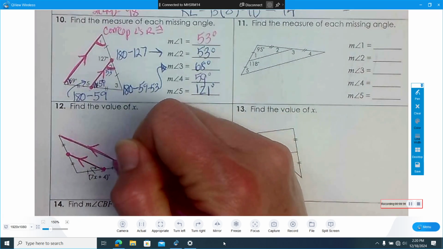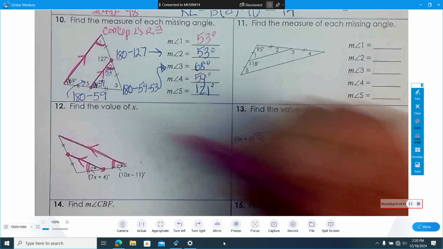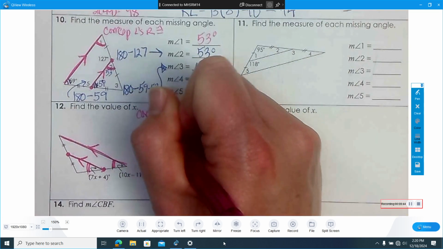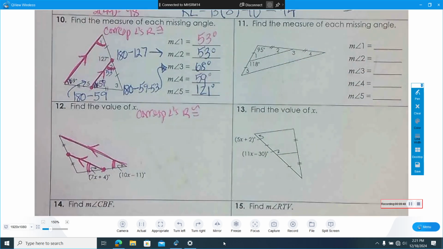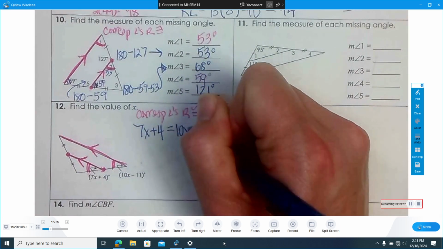So what are those angles right here? Yeah. So these angles are in that corresponding position. So corresponding angles are congruent. So what equation can we write? Good. 7x plus 4 equals 10x minus 11.